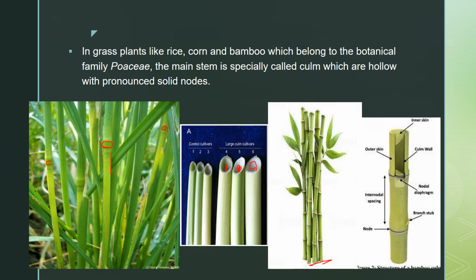All the plants in the family Poaceae have this type of culm stem. It has two characteristics: one of them is a hollow, and the other is the pronounced solid nodes, as you see in the bamboo and also in the corn plant.